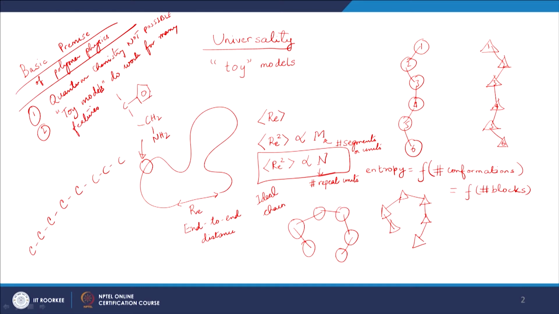Okay. So, there are two essential approaches that are typically followed while doing this. One approach is that we start looking at the polymer chain, the detailed chemistry. We try to build a representation that we call a toy model. Then we predict the behavior that we want to predict, and then finally we compare to experiments to see whether the same behavior is observed.